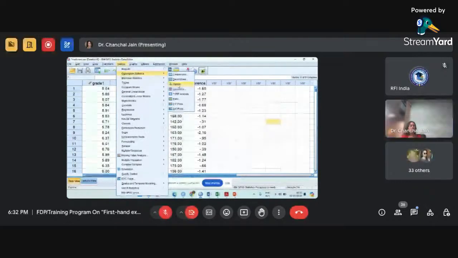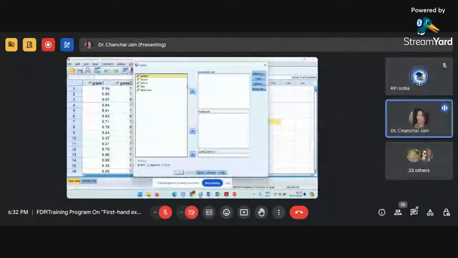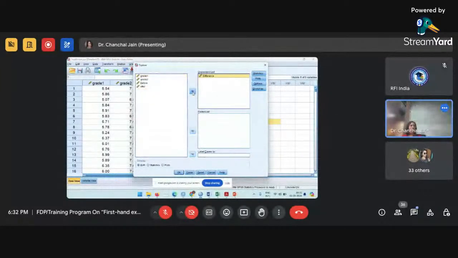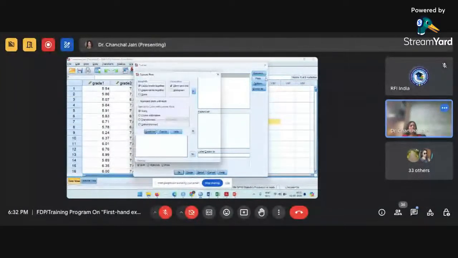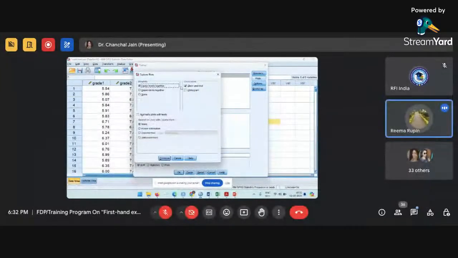Then shift the difference into the dependent list box. Click on the plots button. Please select stem and leaf. Select histogram. Select normality plots with tests. Done. Yes, ma'am. Click on continue.